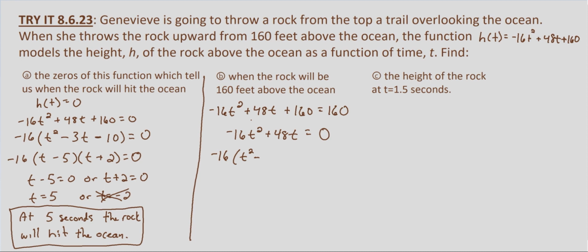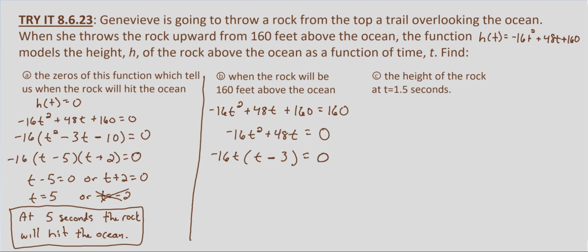If we factor out the negative 16 and a t, so -16t times t, and then the plus becomes a minus because we factored out a negative, and then -16 times -3 would give us 48, and we already factored out the t's.